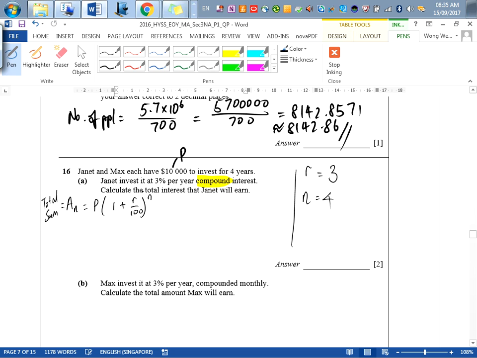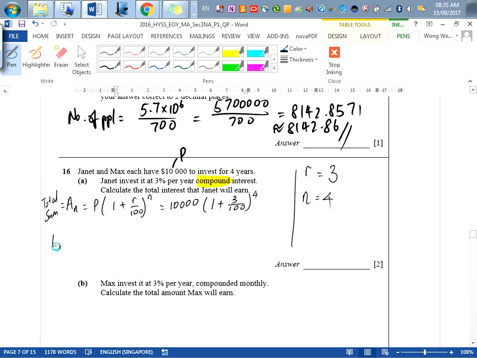So substitute inside. Okay, so this will give me 10,000 times (1 plus 3 over 100) to the power of 4. Take note that this is the total sum. So if I want just the interest, what do I need to do? Minus P. Okay?